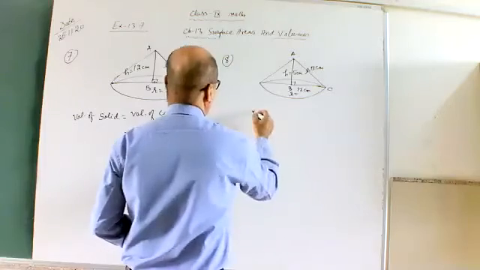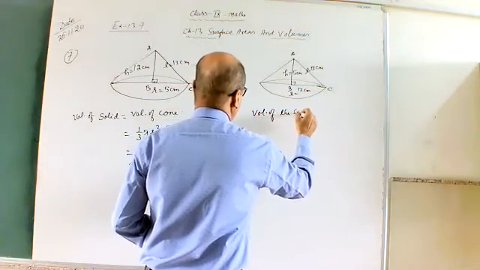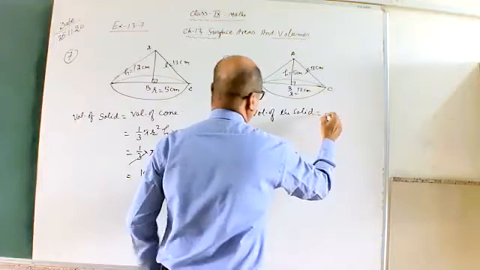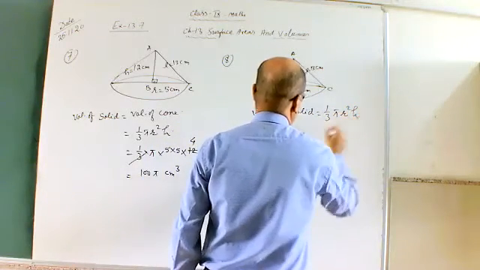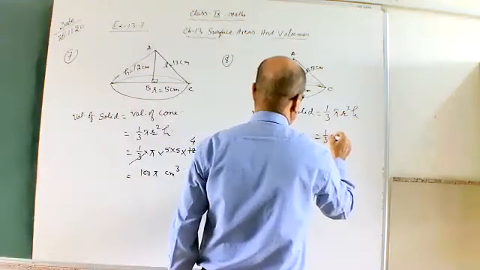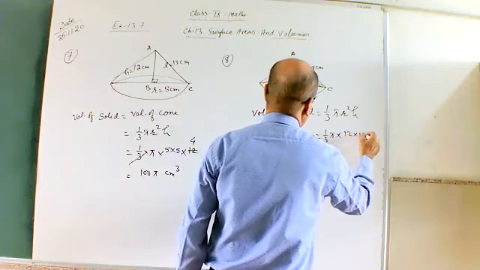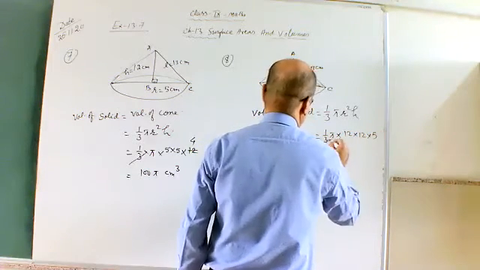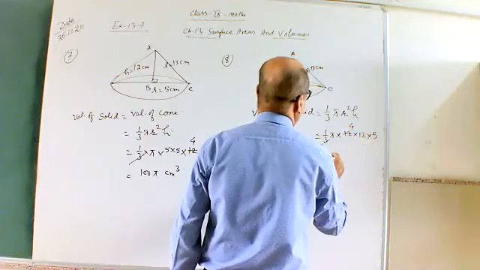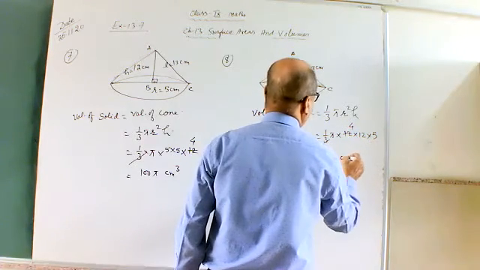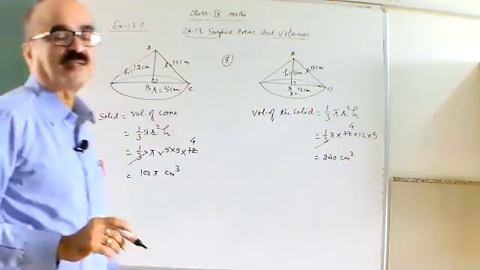So volume of the solid will be equal to, again, 1 by 3 pi r square h. So 1 by 3 pi, r is 12 into 12, and h is 5. So 3 4s are 12. So that will be 240 pi centimeter cube, right?